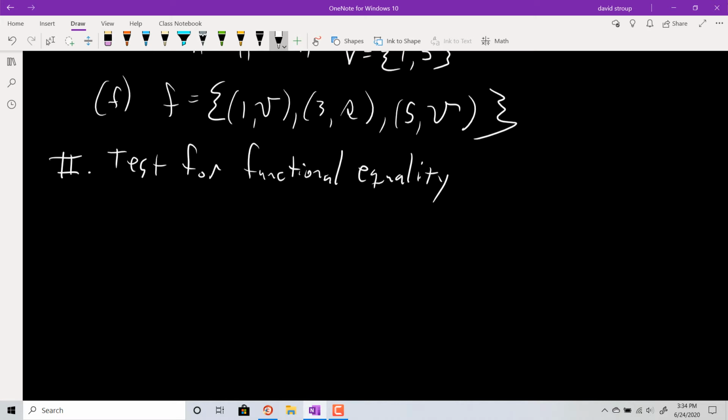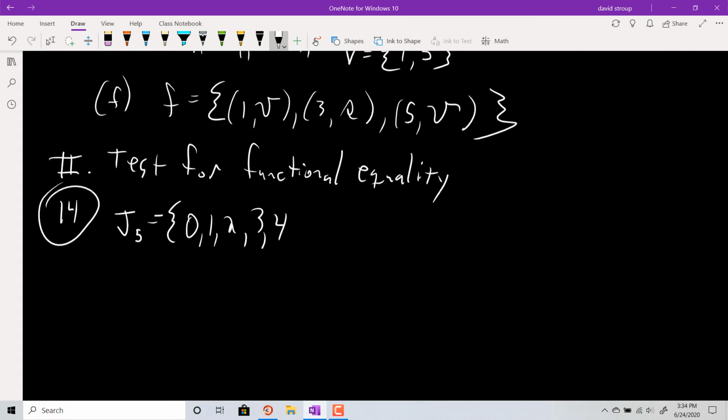Okay, so in particular, let's look at 14. They're going to give us a set which they're calling J5. So 0, 1, 2, 3, 4. That's our set, and then we want our function h to go from J5 to J5, and then the other function k is going from J5 to J5.